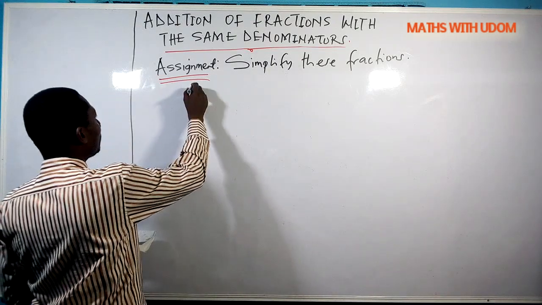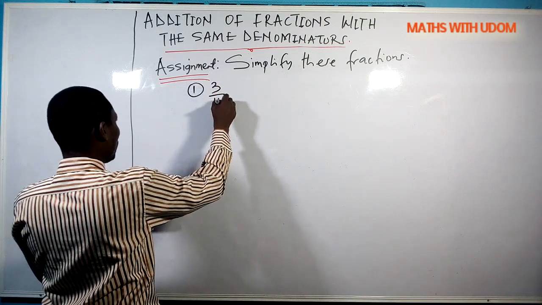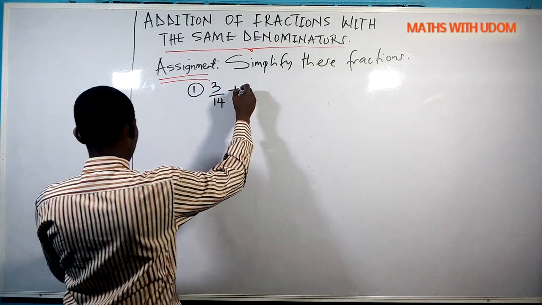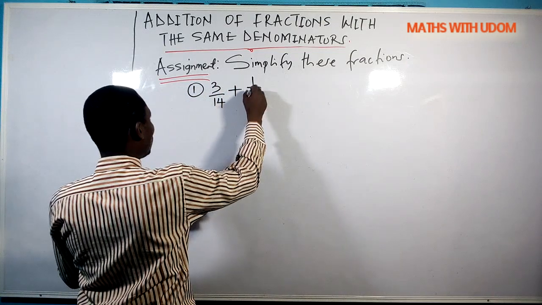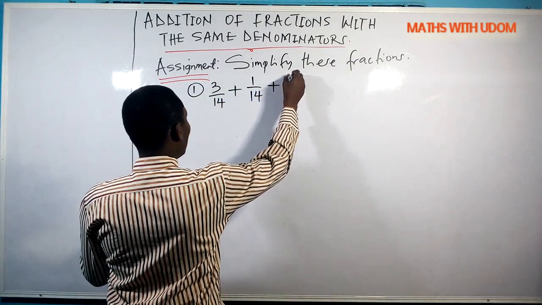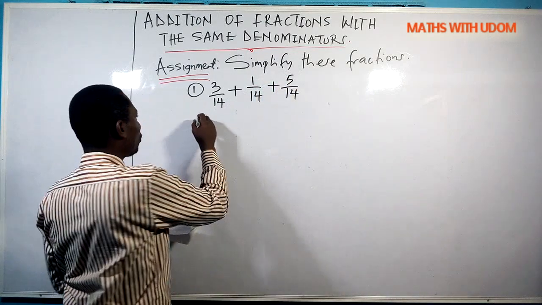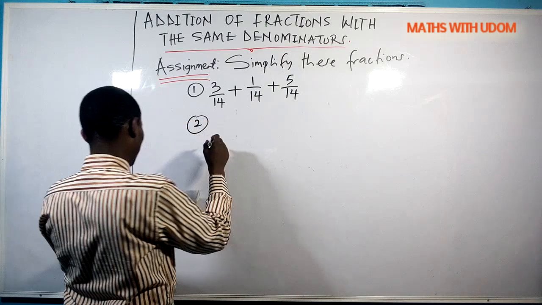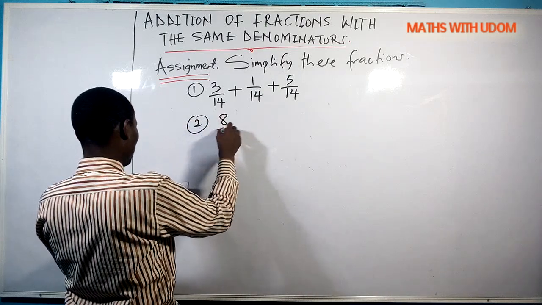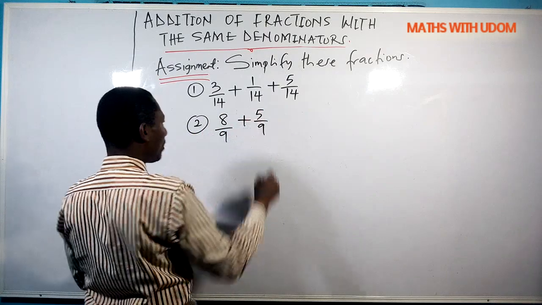Number 1, 3 over 14 plus 1 over 14 plus 5 over 14. Okay? Number 2, 8 over 9 plus 5 over 9.